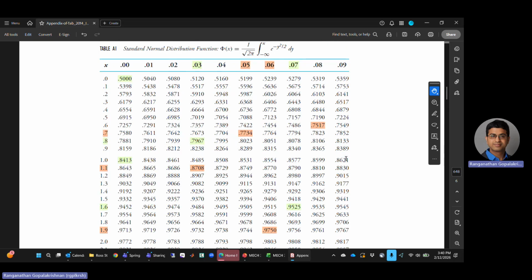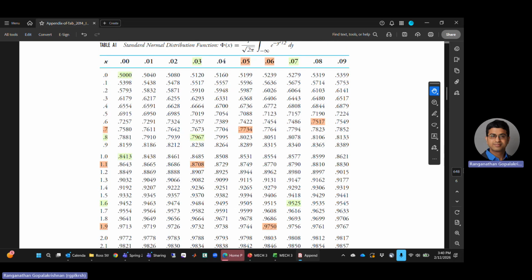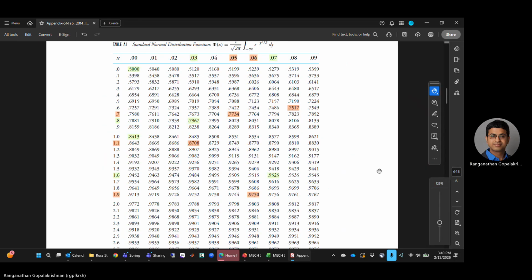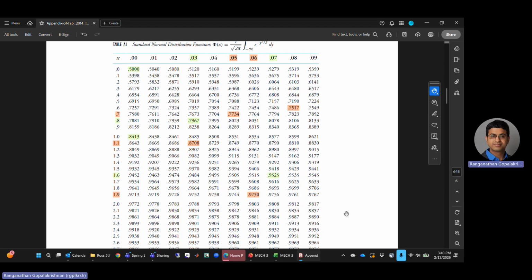It's hard for me to keep going back and forth, but let's see here. What was the second value? Look up 1.645 and tell me what you find. Here is 1.64, that is 0.9495.